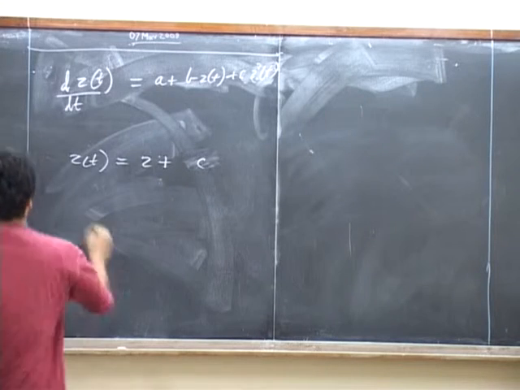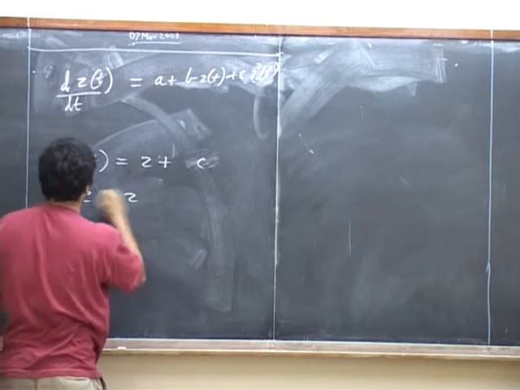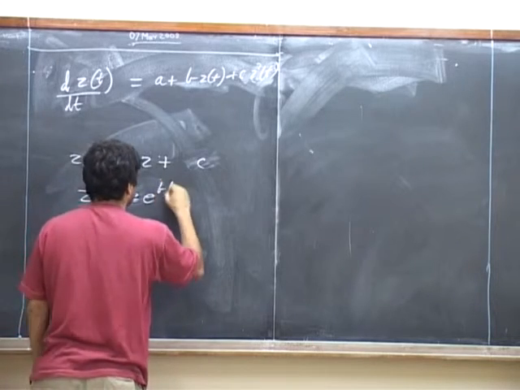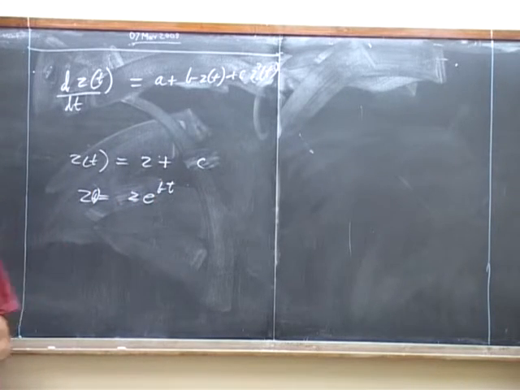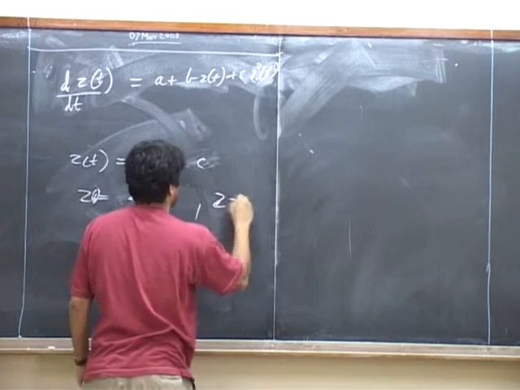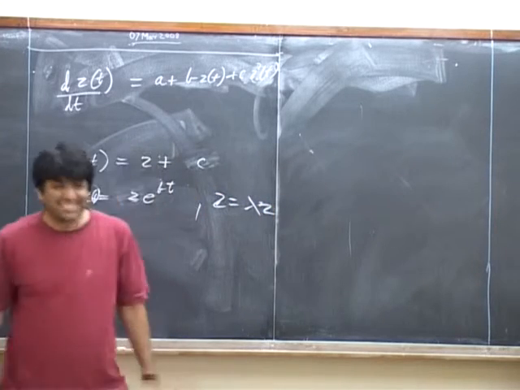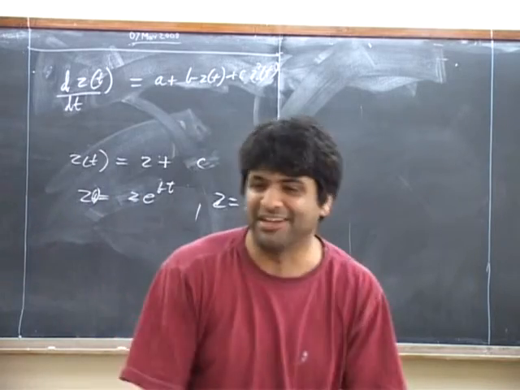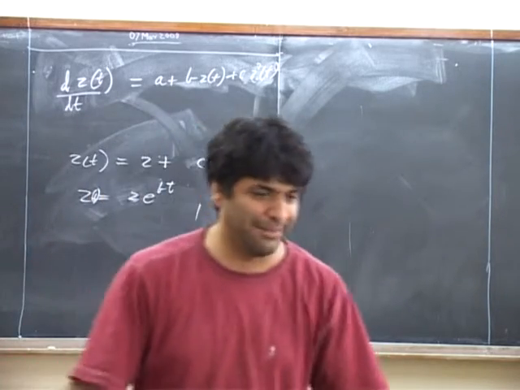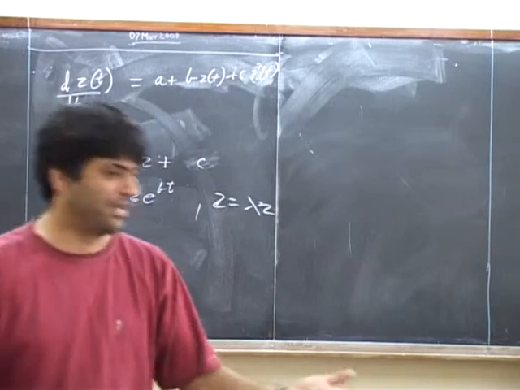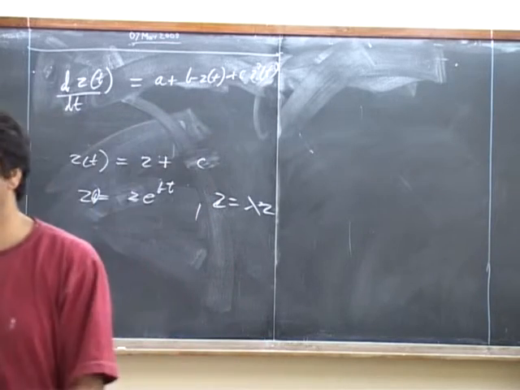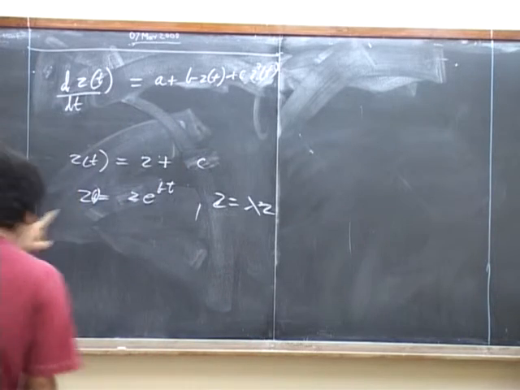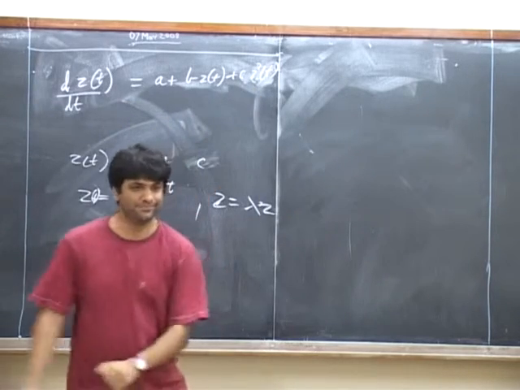From b we would get z(t) equal to z e to the power bt, so z goes to lambda z. These two we knew. These were the obvious conformal diffeomorphisms in the theory. Translations clearly are diffeomorphisms, the metric is conformally unchanged, and scaling clearly leaves the metric conformally unchanged. But the new and interesting thing here is the c term.